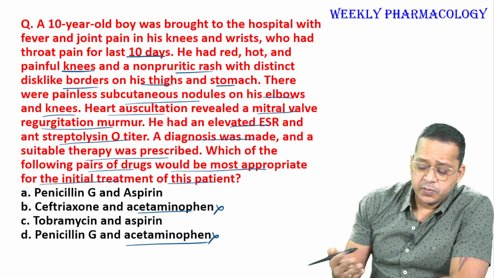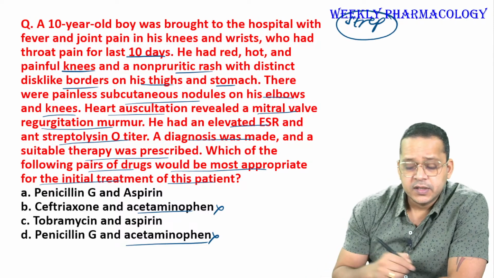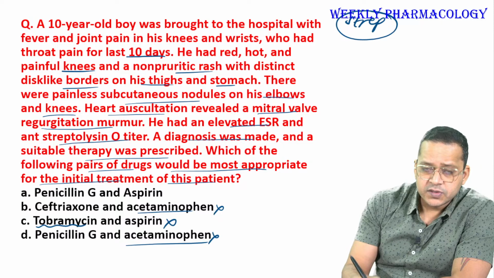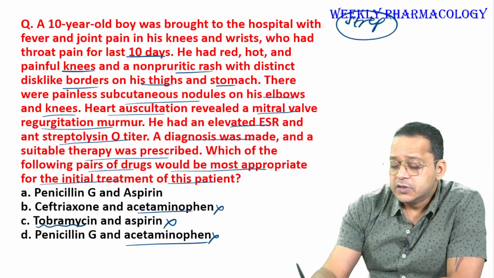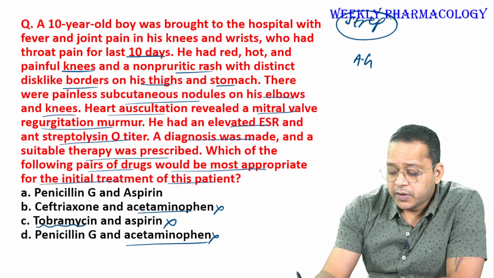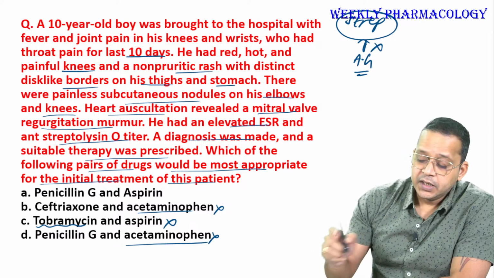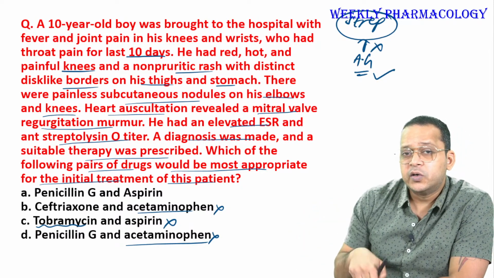Now see, rheumatic fever is caused by streptococcus. That is the reason why C cannot be the answer, because aminoglycosides inherently do not have activity against gram-positives. But mind you, aminoglycosides are used against gram-positives if the patient is already on a cell wall inhibitor.